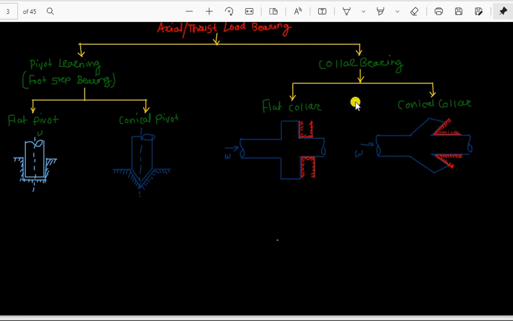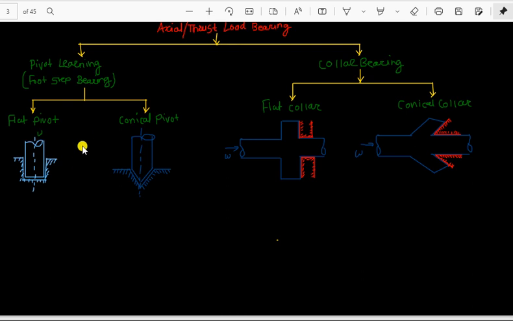Right. The difference in these two is, here you can see there is axial load and the complete load is on the bearing, whereas in collar bearing the shaft is longitudinally placed, and even though the load is axial, the bearings are not at the bottom but at one of the sides of the shaft.